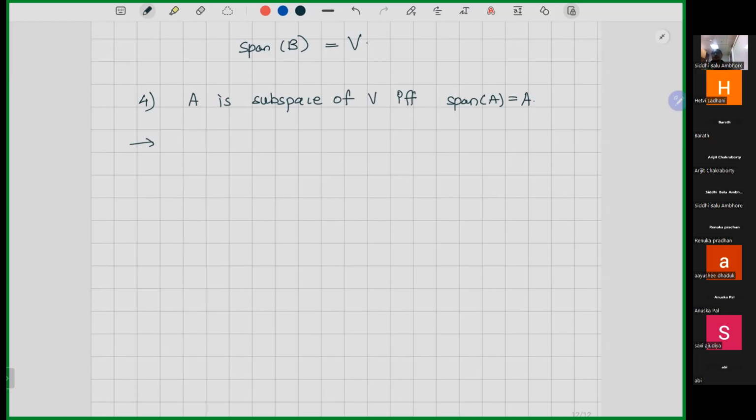They are saying A is a subspace if and only if span of A is equal to A. Just a guess, true or false. Guess one thing and then I can move ahead and explain why it is and why it is not. No guesses?